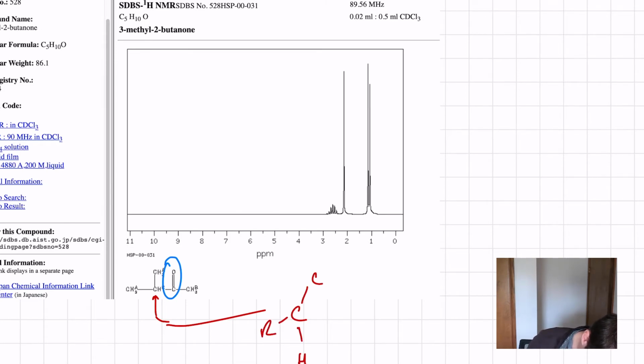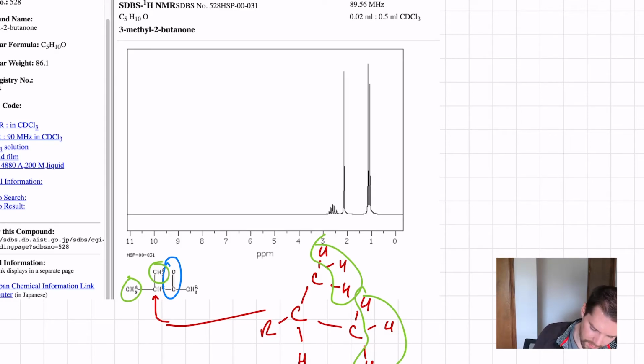Then I have C, H, H, H, and then again a C with an H, H, H. Now all these, right there and right there, there and there, those are all in the same environment. They're equivalent to each other. And you can see they even labeled them here, A and A. Those are HAs. And there's going to be 6 of them.